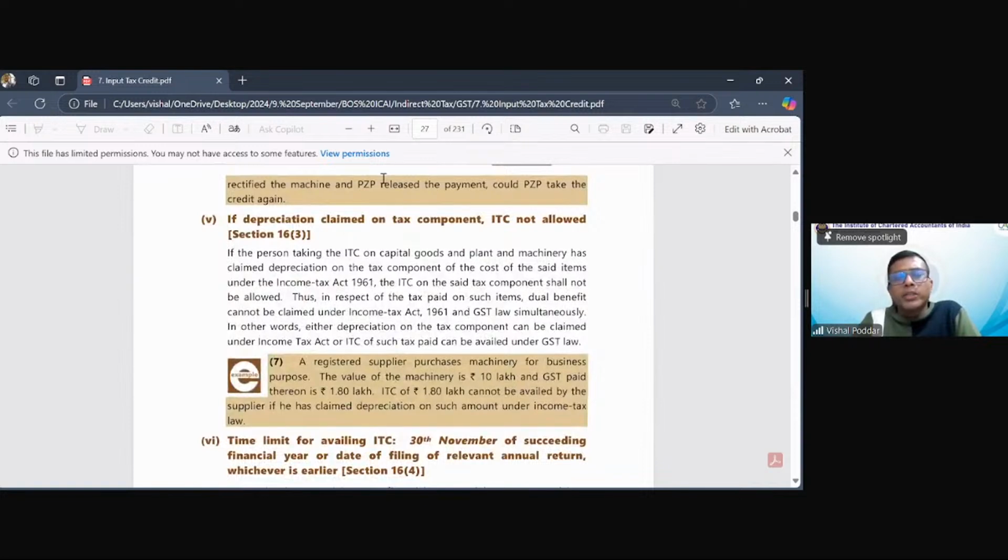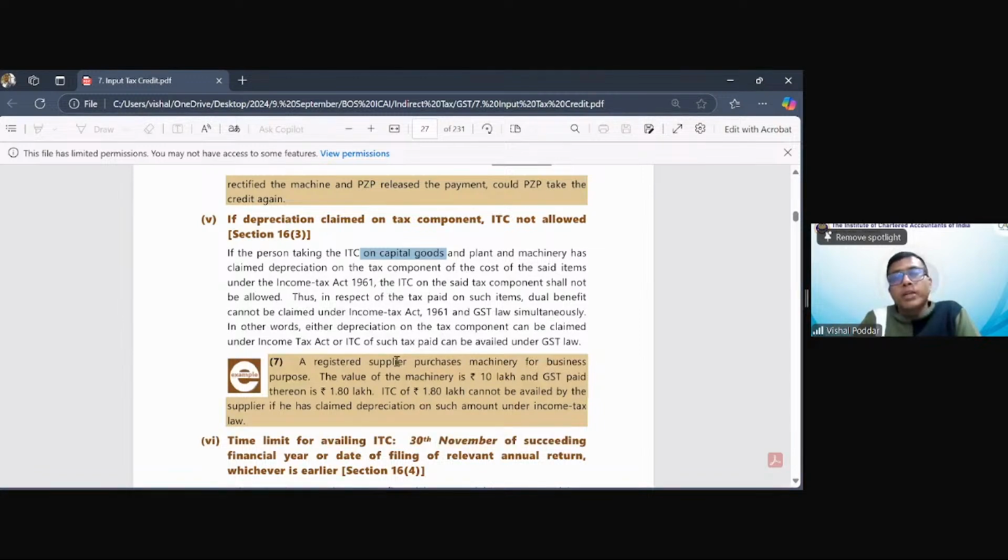Then the next simple condition is specifically in relation to capital goods. So let us say I purchase machinery of 1 crore which has a GST component of 12%, so 12 lakhs. Now I have purchased the machinery by making payment to the supplier of 1 crore 12 lakhs.